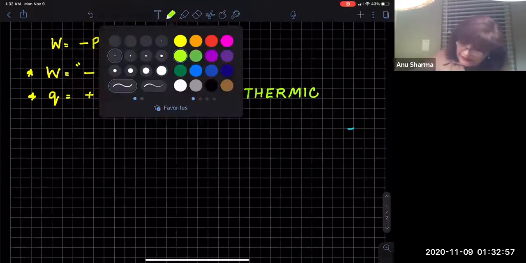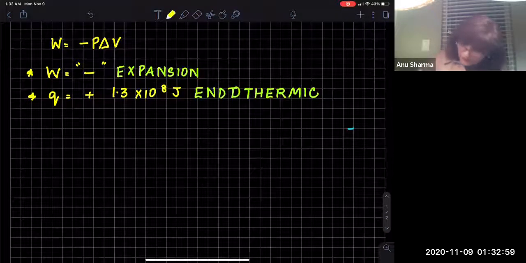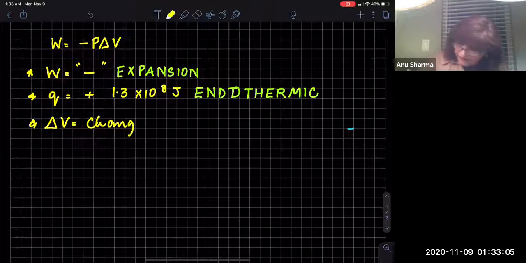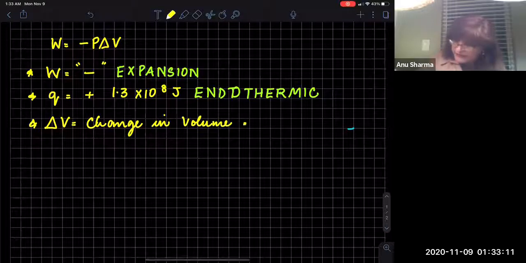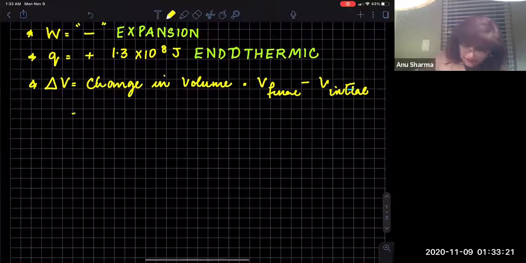Okay, next is the change in volume. So ΔV is the change in volume from the initial stage to the final. So basically it's V final, the final volume, minus the initial volume. Let's do these calculations.